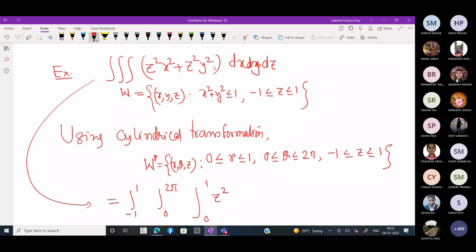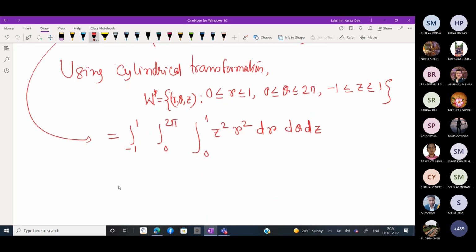So x square plus y square will be R square. So now I have to be very serious regarding writing the order of the integration. So it has to be dr first, because r is from 0 to 1, and then d theta, then dz, right? So I hope all of you understand this.